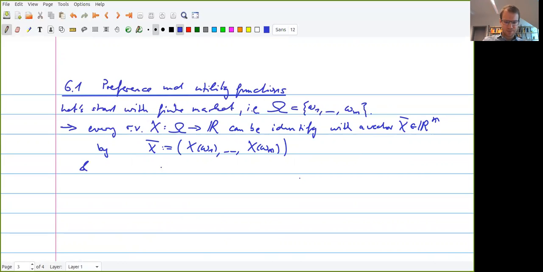And what I can also do is identify the random variable with a second vector, which let's call p bar.